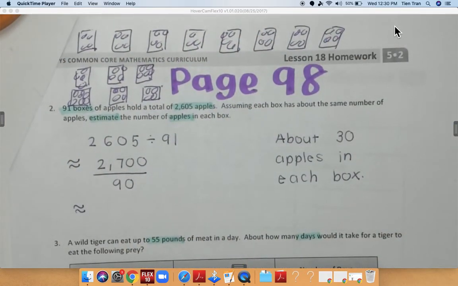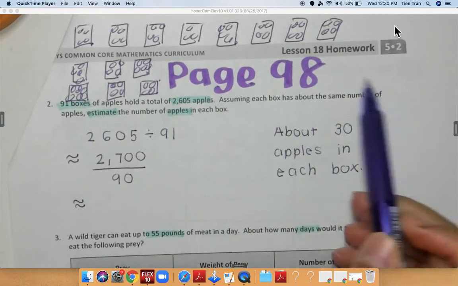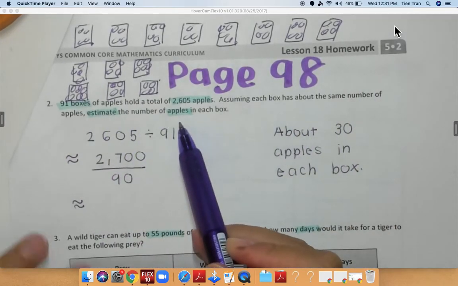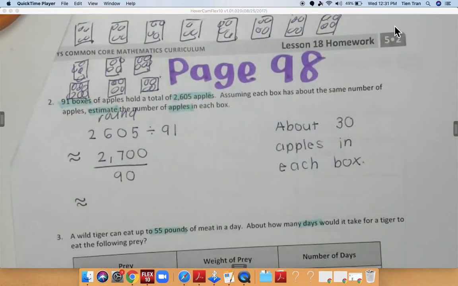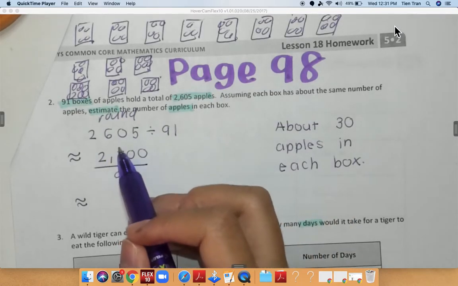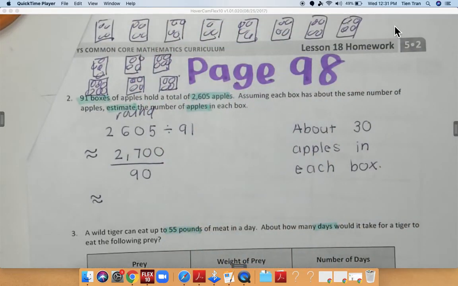I'm drawing it out. Now it says, assuming each box has about the same number of apples, estimate the number of apples in each box. Remember, estimating means that you're rounding the numbers. So they want you to figure out, by dividing 2,605 by 91, how many apples are in each box, because we don't know how many apples are in each box.